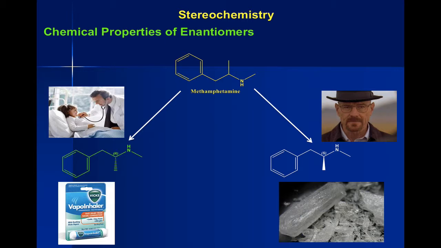It does not give that response, okay? In fact, we were doing some stuff in the lab one time and we actually needed some R-methamphetamine. We actually went and bought a bunch of Vicks Vapo inhalers from Walgreens and we extracted out the methamphetamine from them.